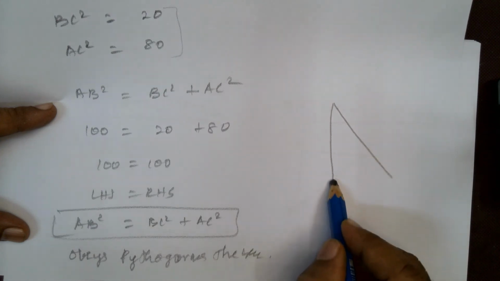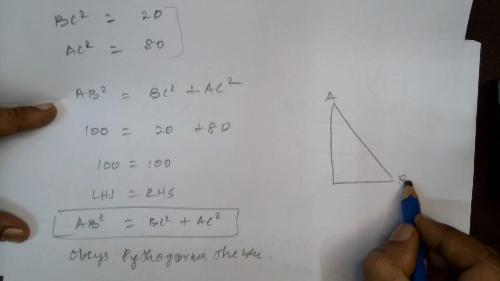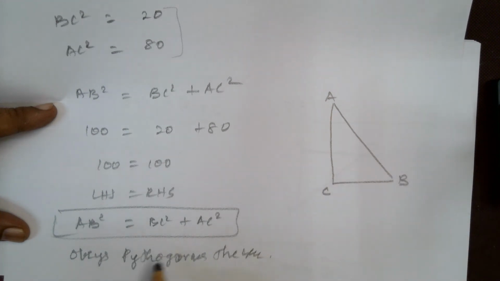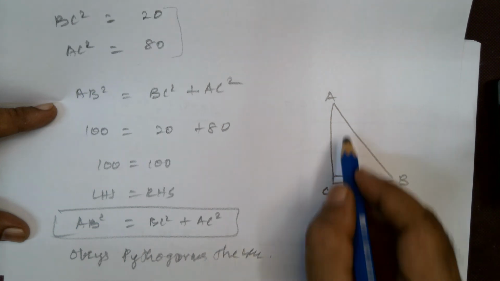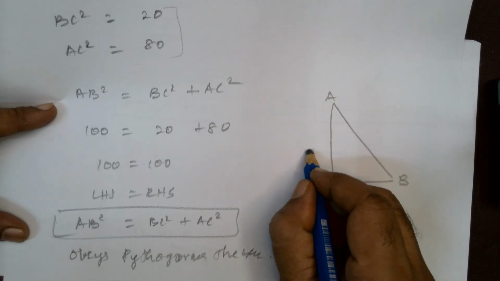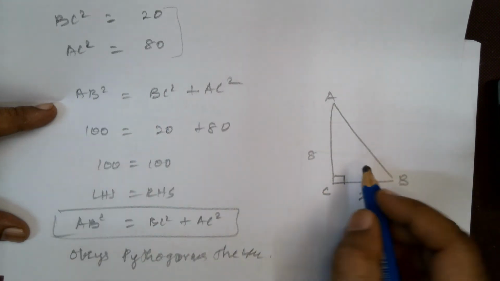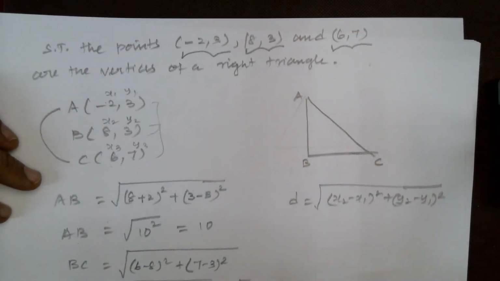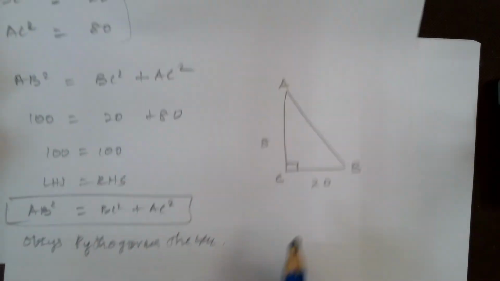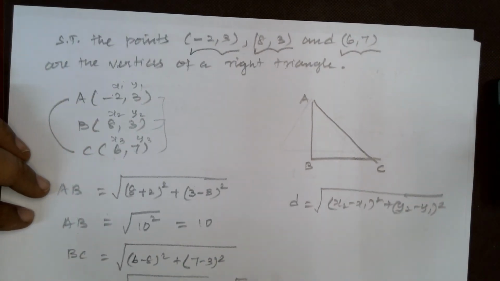We can change the diagram accordingly. So you can put AB as hypotenuse and this is C. Now you can check this is right angled at C, and therefore this is square root of 20, this is square root of 80, and therefore this becomes what?